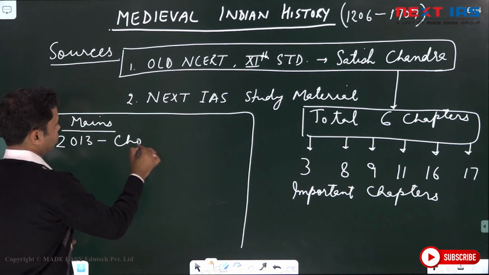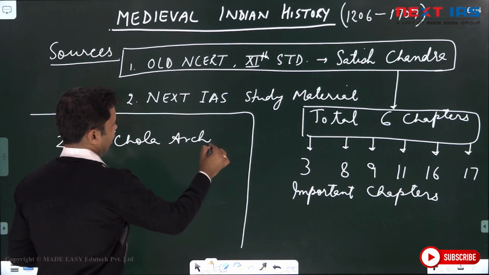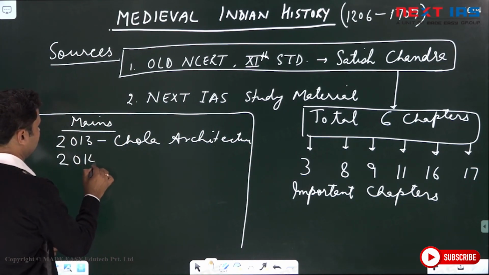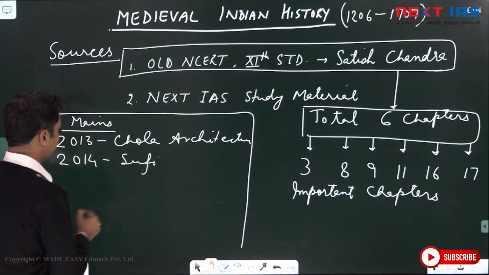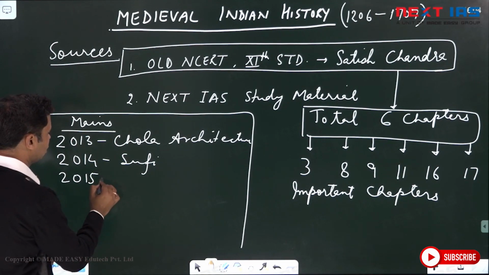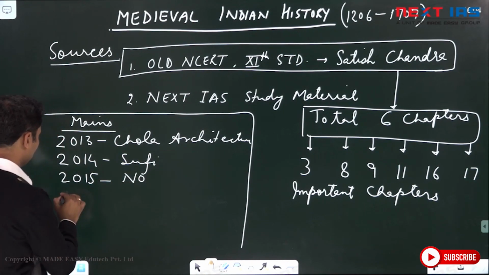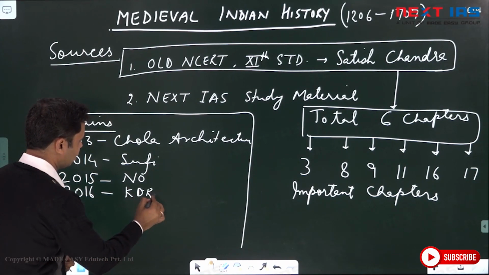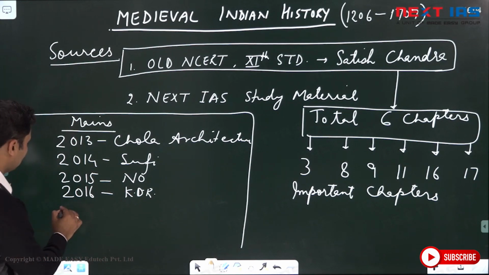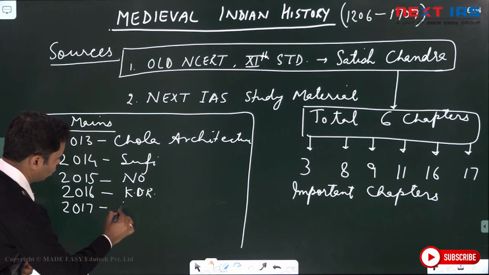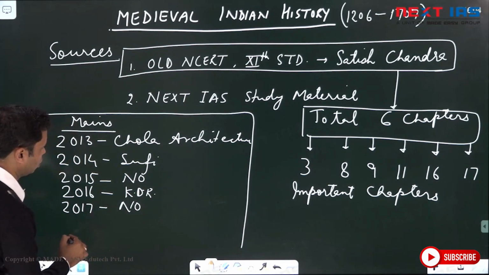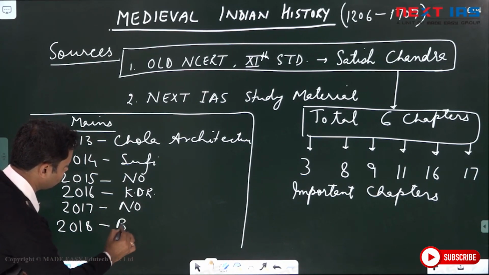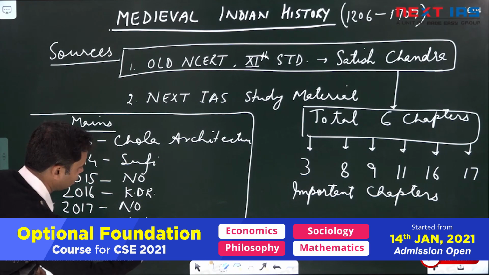It was about the Chola architecture. 2014, there was a question on Sufi movement. 2015, no question. 2016, there was a question on Krishna Dev Rai of the Vijayanagar. 2017, no question. 2018, again a question on Bhakti movement.